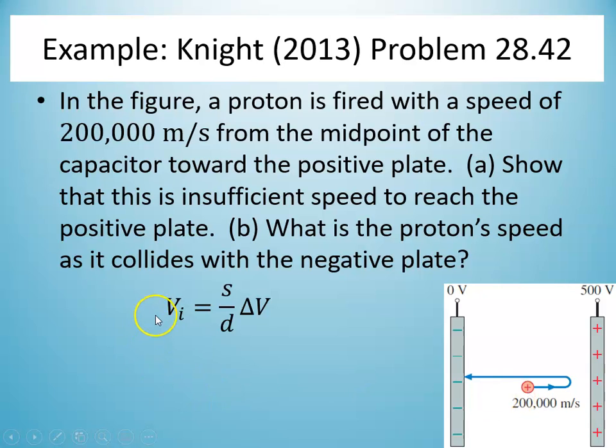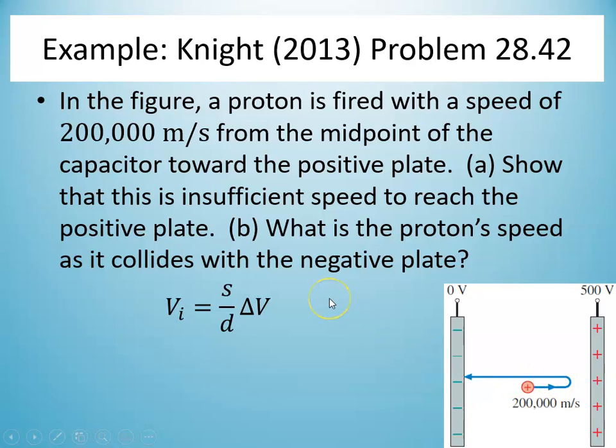So just keeping in mind that the E is the same E, we can make a substitution there and come up with the idea that the electric potential at the place where we're starting is equal to the ratio of the distance from the negative plate to where we're starting compared with the separation distance between the plates times the potential difference between the plates.